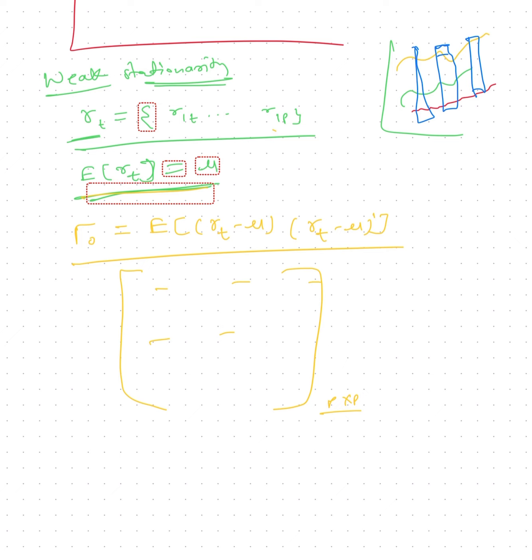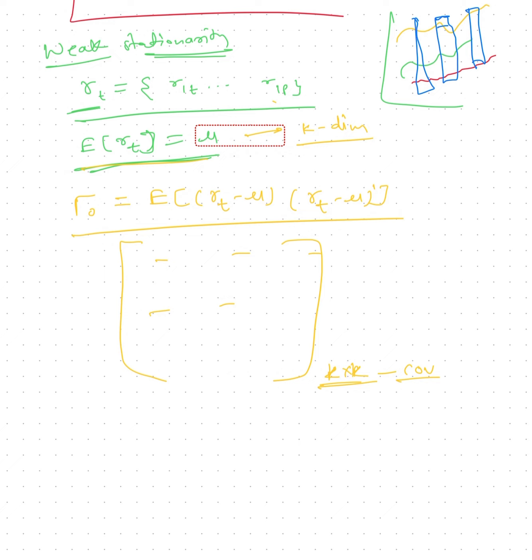Now with a k-dimensional mean vector and a k into k dimensional covariance matrix, as you can see, this is our covariance matrix denoted by gamma, and all our diagonal elements are nothing but, let's say, the variance of the i and j element. Okay, so this is i and this is j.